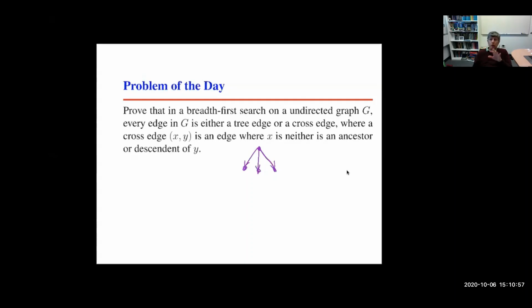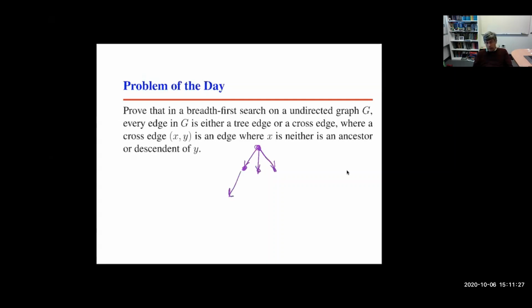What breadth first search and, as we will see, depth first search do is they assign kind of directions to the edges based on who was the first discoverer of the edge. This vertex, the root, discovered these edges. Then when we processed this vertex, it's possible we discover a new vertex.